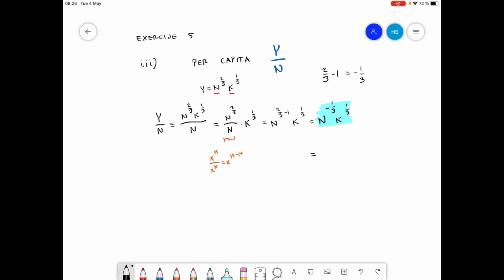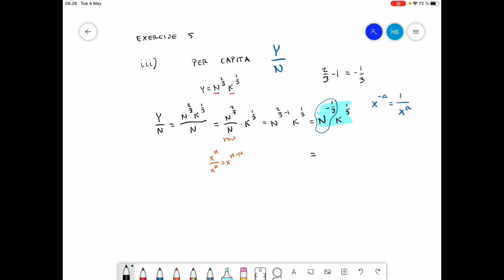This we can also write a bit differently. Here we have something to the power of minus 1/3. When we have something that is raised to the power of something negative, we can rewrite the expression to 1 over x to the power of a.